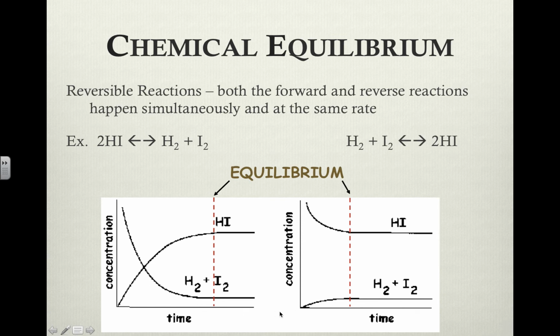All of our equilibrium reactions are going to be reversible. Well, and for both of these scenarios, at some point, the hydrogen iodide and then the two elemental versions, they level out in terms of amount. And if you look, it's the same place on the graph, regardless of how they started. So in a chemical equilibrium, we have the forward and reverse reactions that are happening simultaneously and at the same rate.